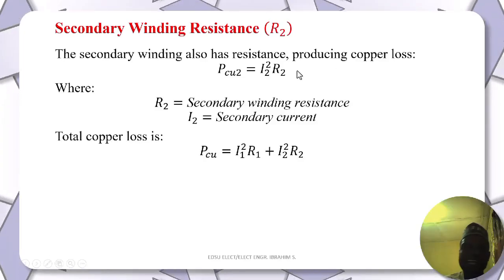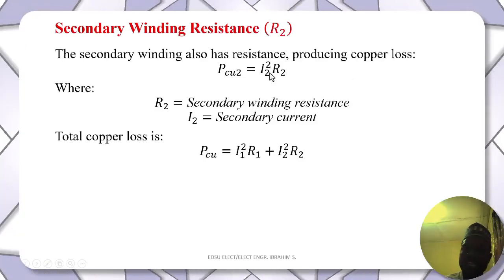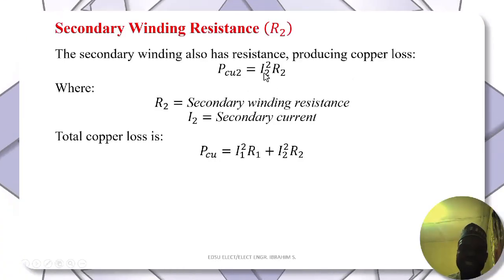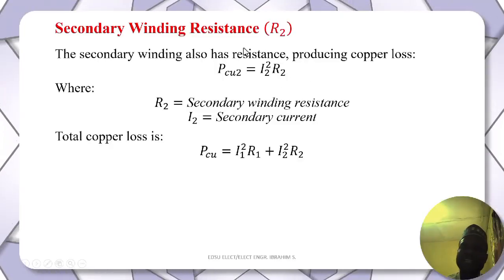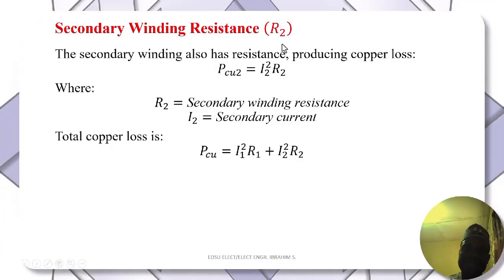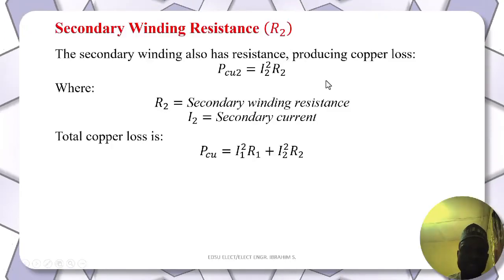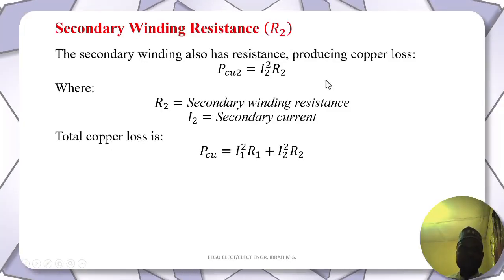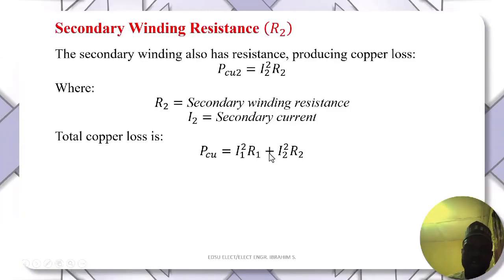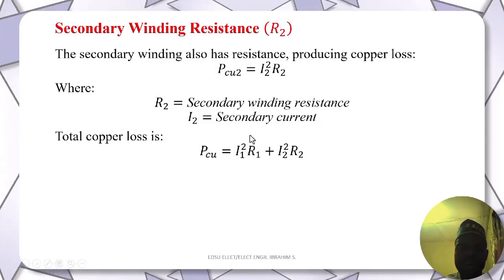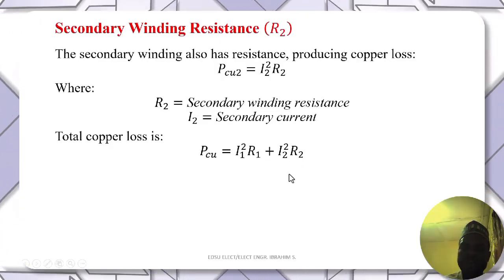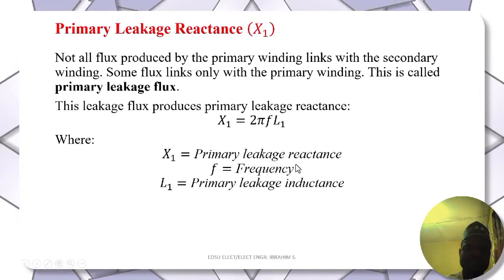Also at the secondary side, we have the secondary winding current squared multiplied by the secondary winding resistance, which gives the copper loss at the secondary. The total copper loss in the circuit will be the copper loss at the primary plus the copper loss at the secondary.